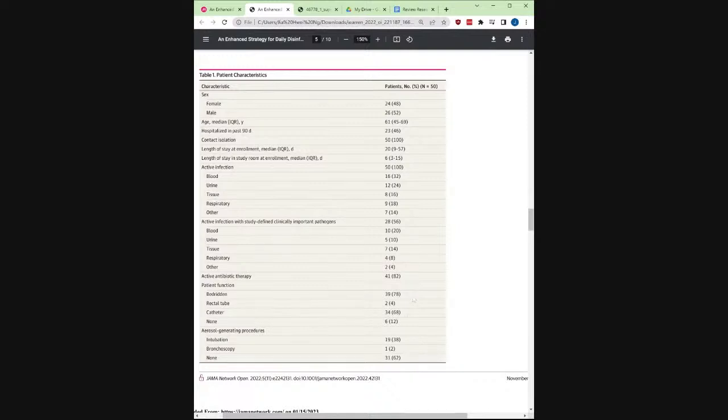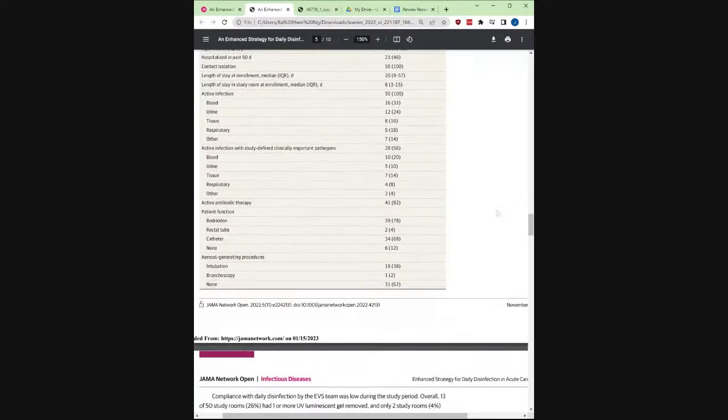So being bedridden, I think, may affect the study a little bit because somebody may not move as much. The person may not touch the surface as frequently.